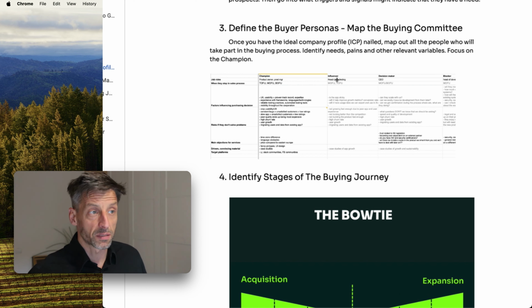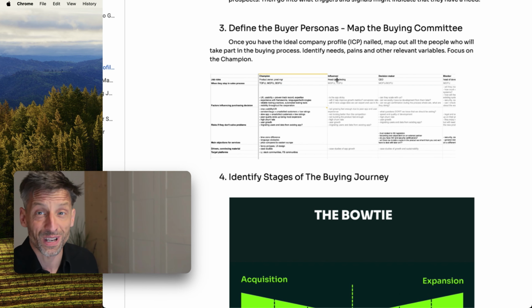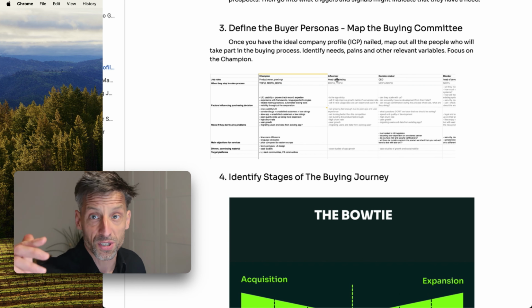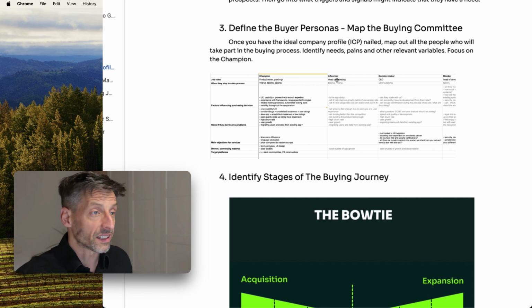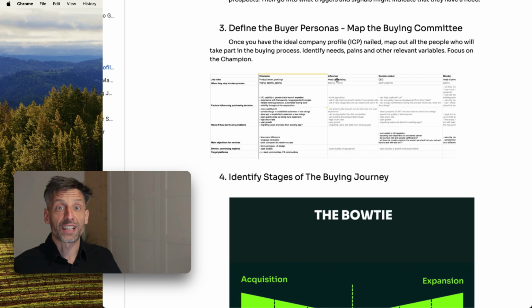You have multiple people taking part in the decision-making process, okay? Even though you have just one person who's going to sign the contract and one person who will wire the money to you, you're going to have at least 3 or 4 people take part in researching and choosing the ideal solution for themselves, okay?